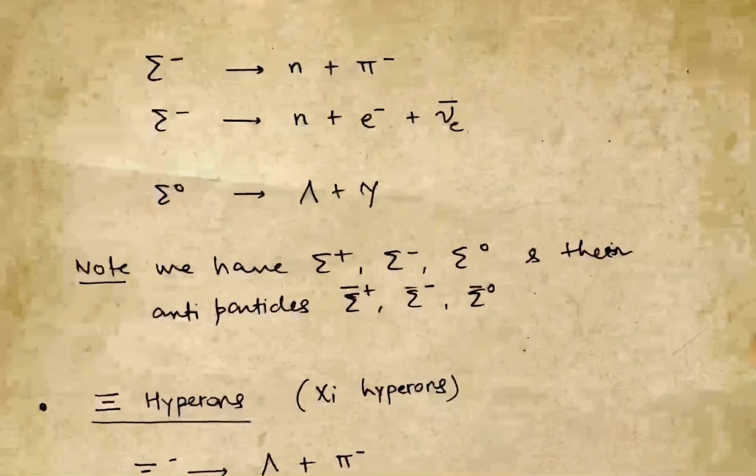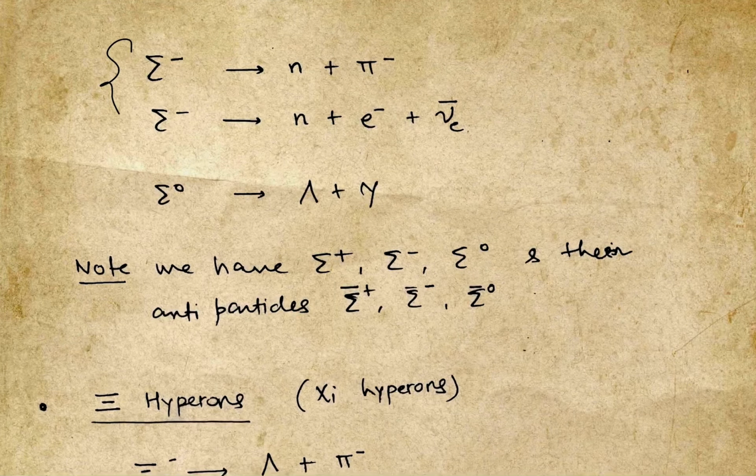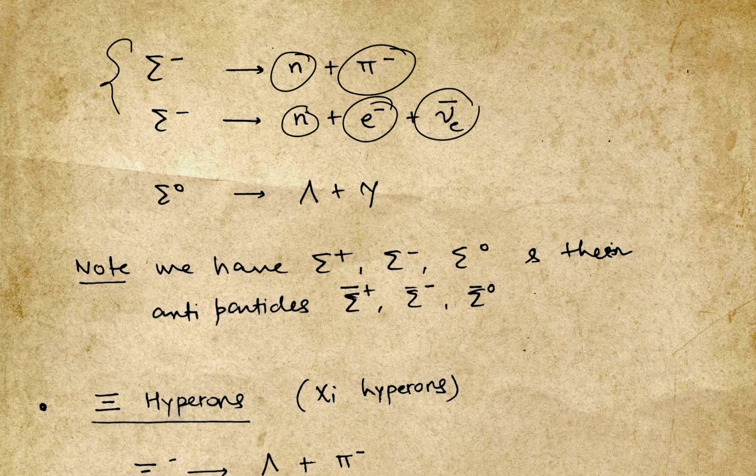Then let us do the same thing for E minus. So E minus is decaying into neutron plus pi minus and neutron plus electron, and then if there is electron, then there will be electron anti-neutrino. Notice that electron is always accompanied, whatever we have seen, with electron anti-neutrino.